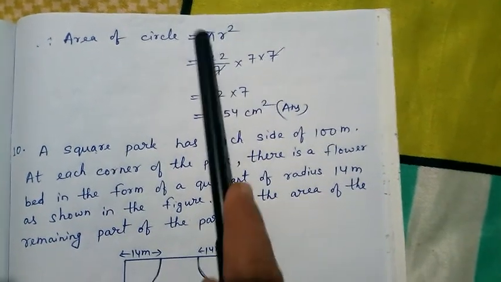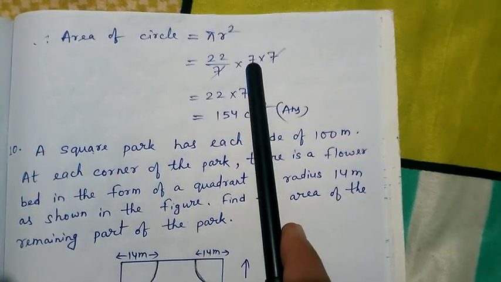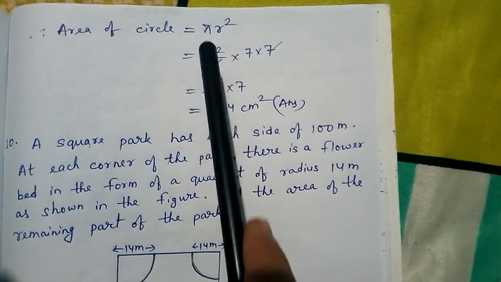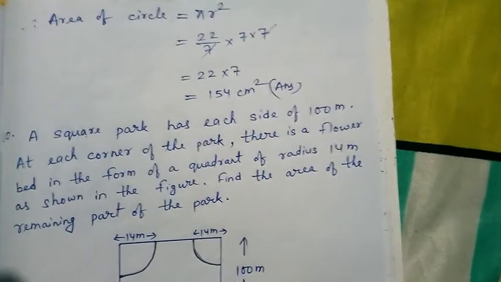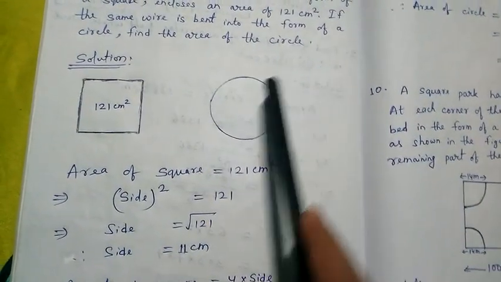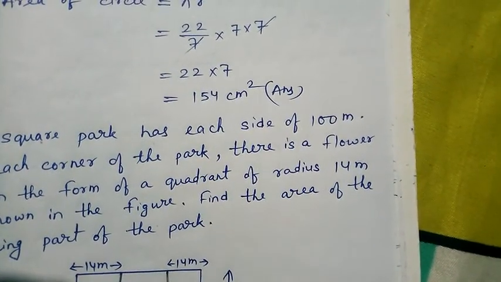So 22 by 7 is the value of pi, and r value just now we came to know 7 into 7. So 7 will cancel, 7 into 22 will be 154 centimeter square. So as per the question, find the area of circle. So area of circle is finally 154 centimeter square.